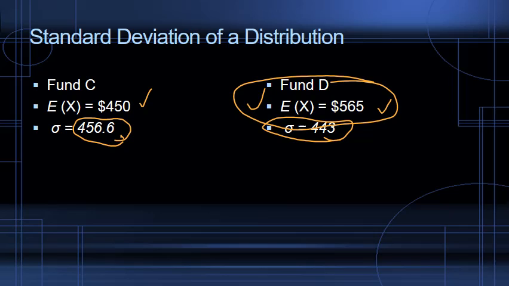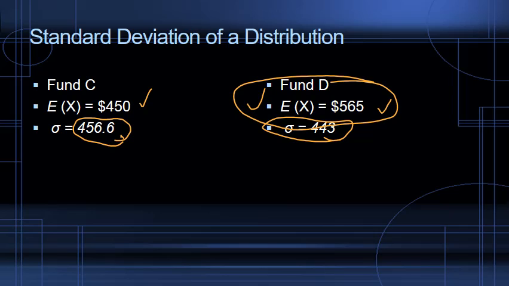So in order to do this analysis using both expected value and standard deviation of these two mutual funds, based on the probability data that we were given for both Fund C and Fund D, we used our TI-84 calculator to help us calculate both expected value and standard deviation.